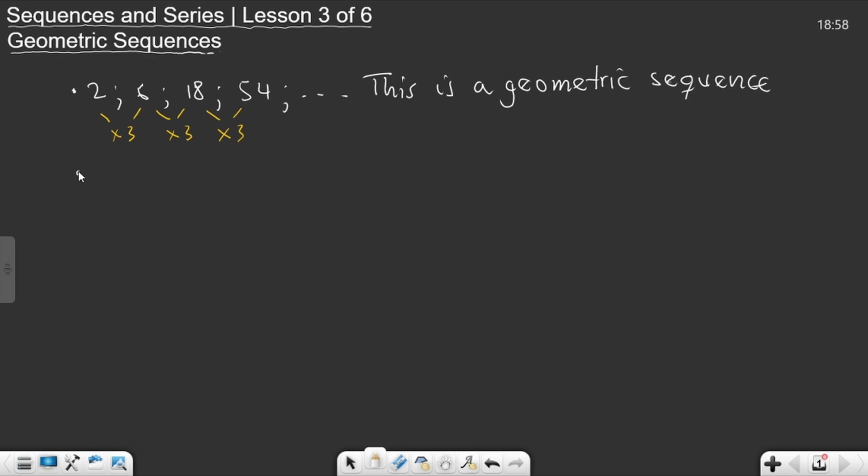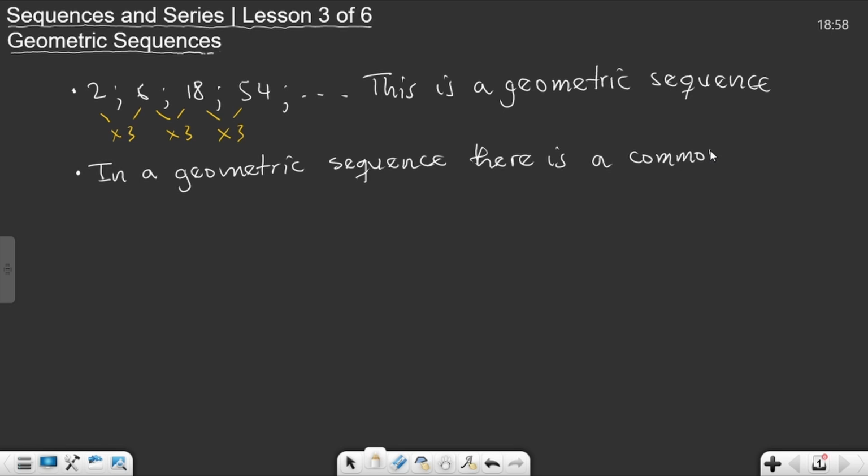So we say in a geometric sequence, there is a common ratio between consecutive terms.